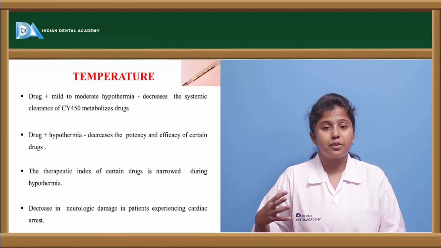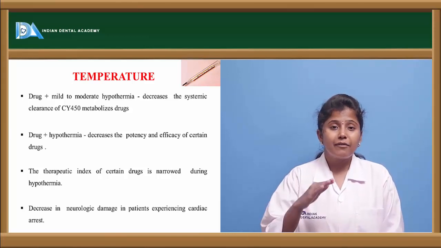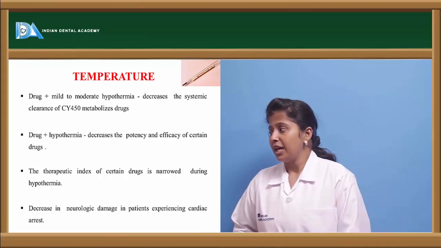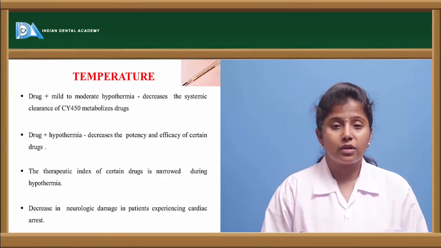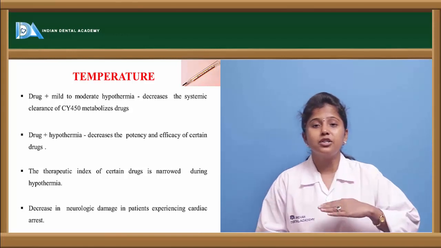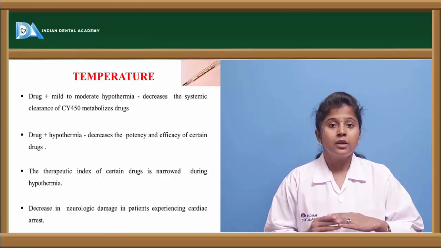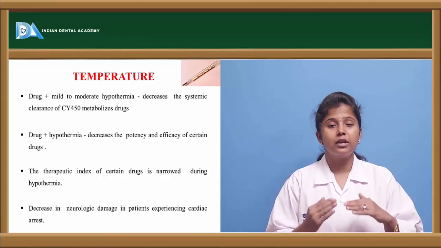So when the temperature is increased and drugs are taken, the efficacy or the drug potency can be decreased. And temperature will also influence the therapeutic index of the drug. The therapeutic index is the region or margin where the drug shows its therapeutic or clinical use. This region can be narrowed because of temperature.